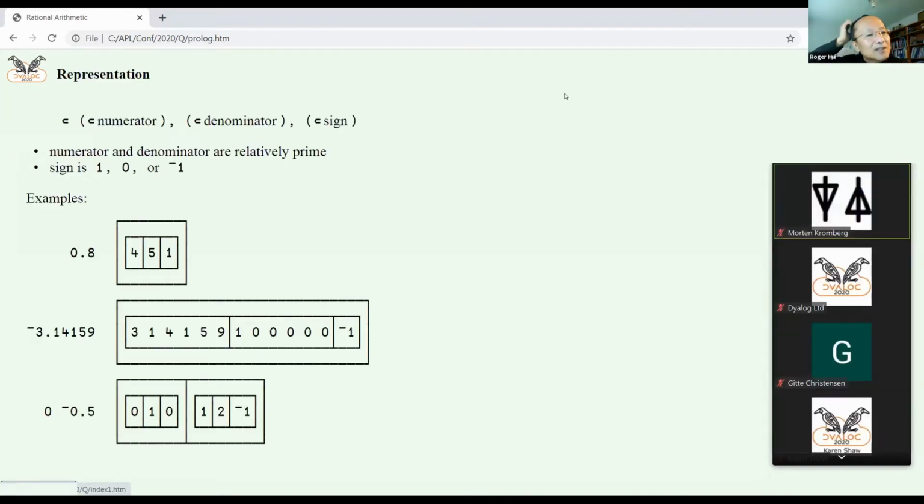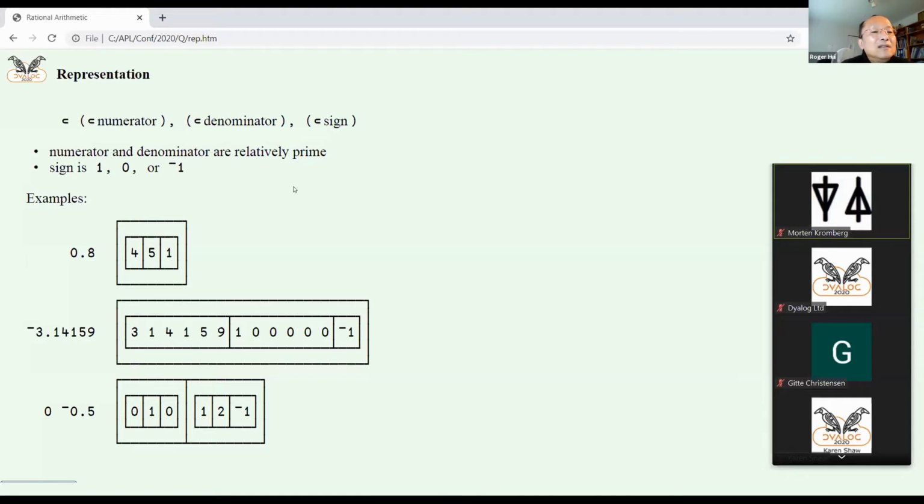So first we need a design for the representation of rational numbers. The design that I'm using in this facility is to represent rational numbers as a scalar with 3 parts, each of which is enclosed.